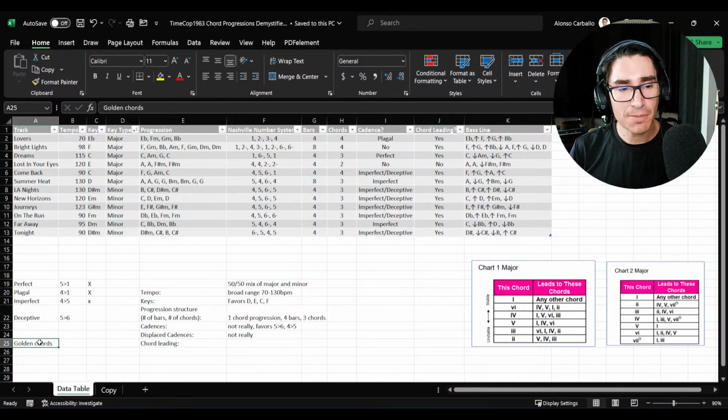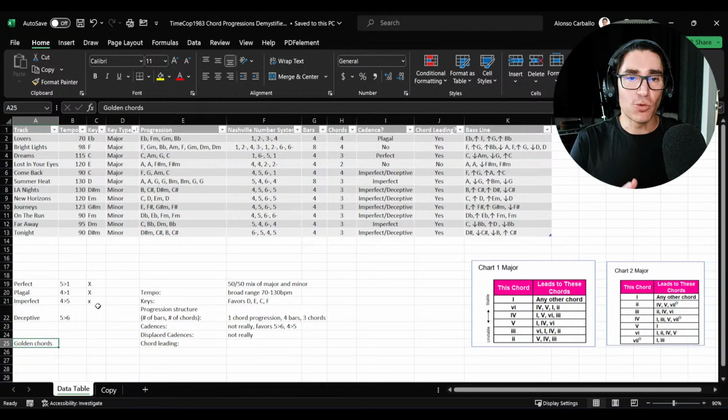And the note that I made here is that the 1, 4, 5, 6 are the chords that I call the golden chords. In a major key, for example, in C major, those would be C major, F major, G major, and A minor. With the 1, 4, 5, you can harmonize any melody in any major key.